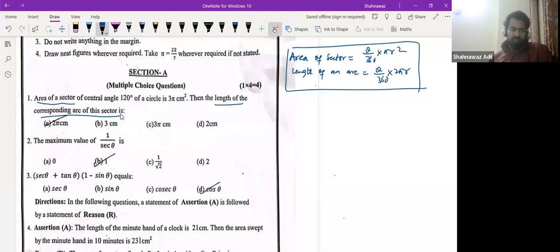We have to use both of them to get the answer. Please calculate and tell me what you are getting.